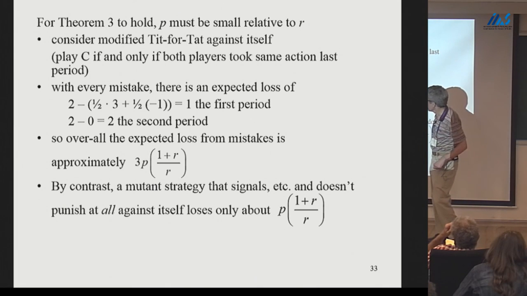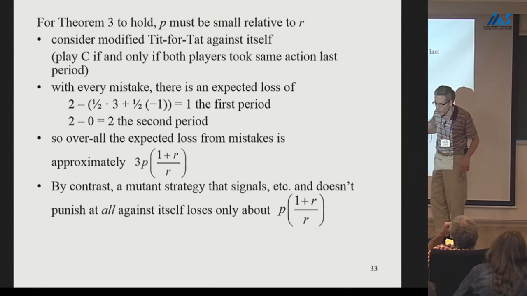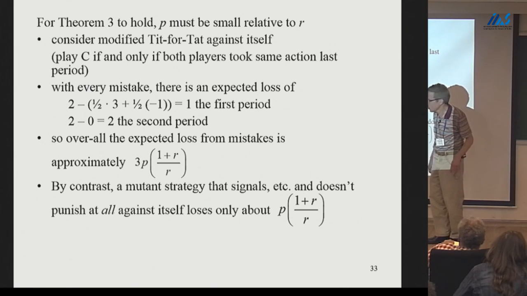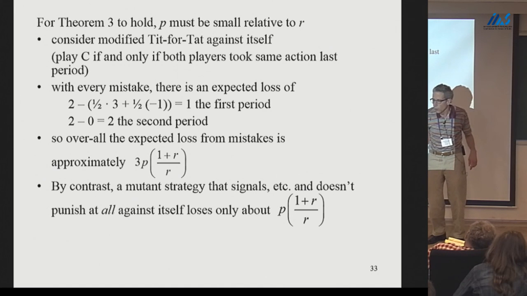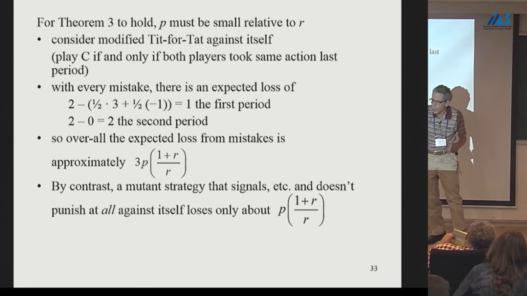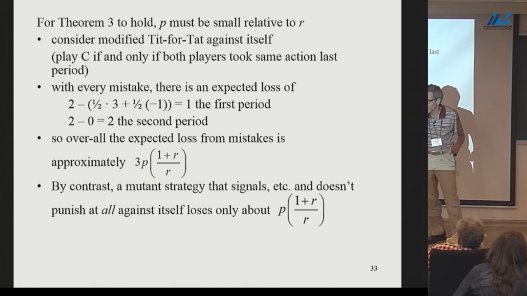But for R much smaller than P, then this will be a first order consideration, and you will be better off not punishing. And intuitively that makes sense if, relatively speaking, deviations are occurring because of mistakes. It's not a good idea to punish.